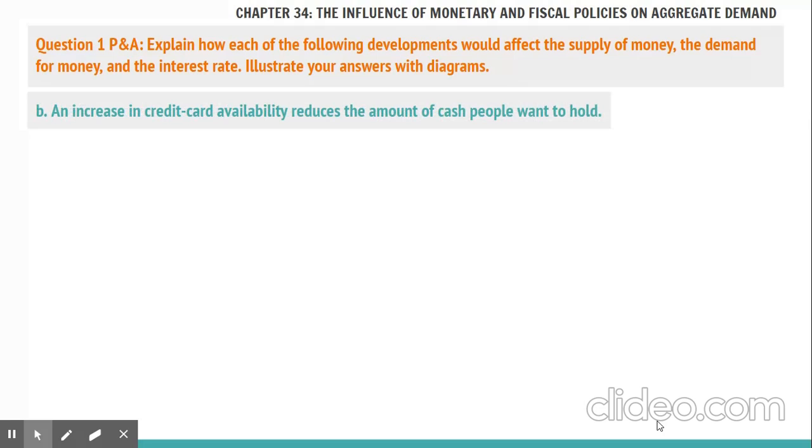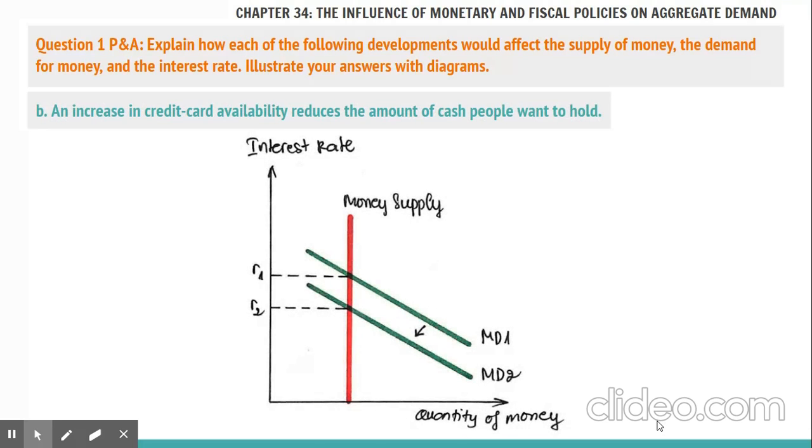B, an increase in credit card availability reduces the amount of cash people want to hold. So it will shift the money demand curve to the left, from MD1 to MD2, and as you can see, the result is a decline in the interest rates.